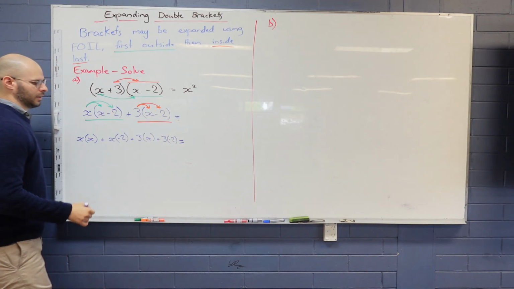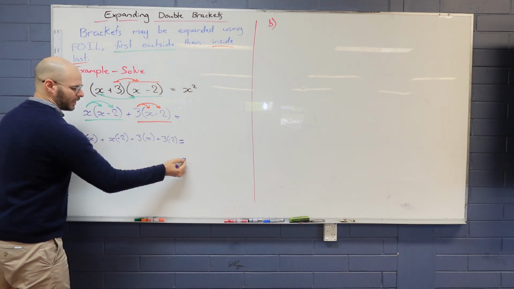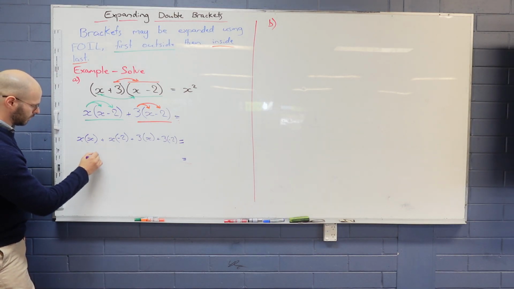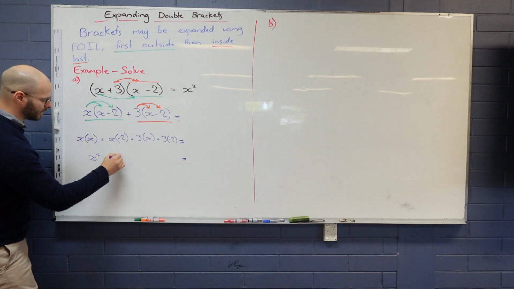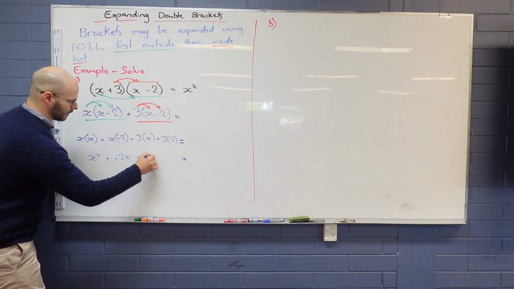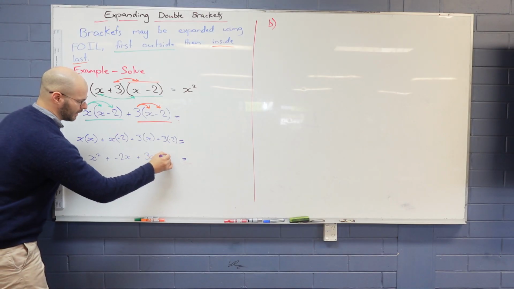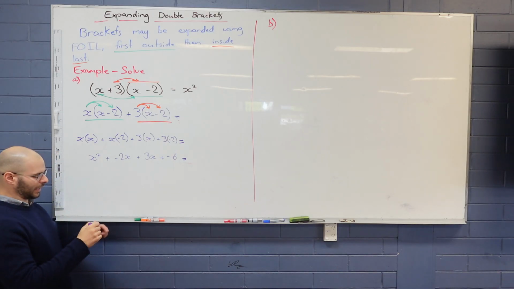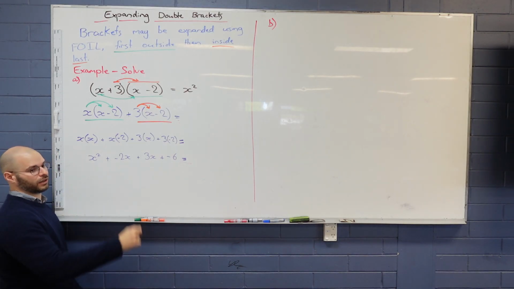And then, completing all the multiplication, we've got x squared plus minus 2x plus 3x, plus a negative 6. And there's one more thing to be doing here before we get it into something that's very familiar.